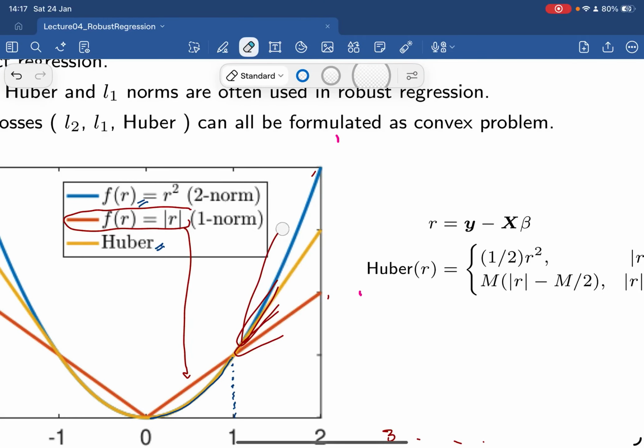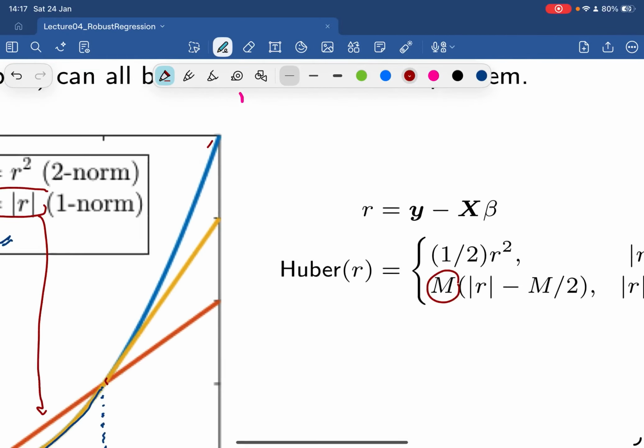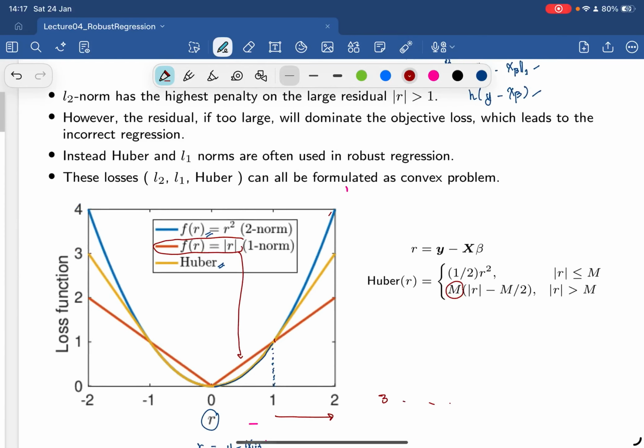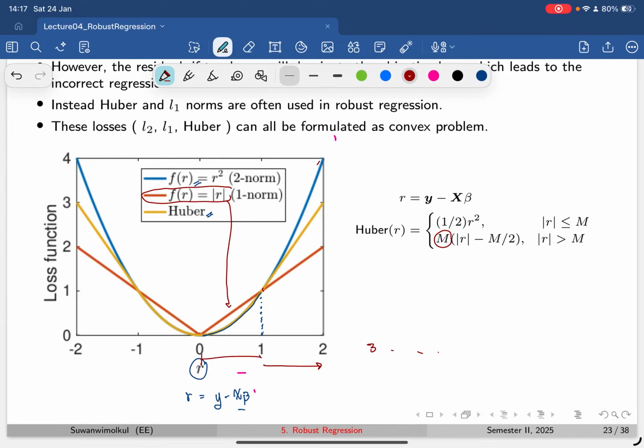In fact, Huber and the L1 norm could be very similar if you give them the same slope. That means it depends on how you set up your slope parameters. In this case, for example, people normally set it to be m, where m is your magnitude for the residual term.